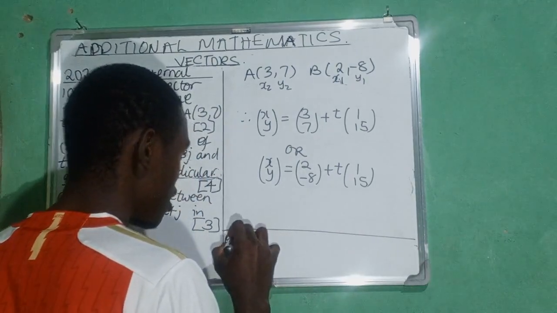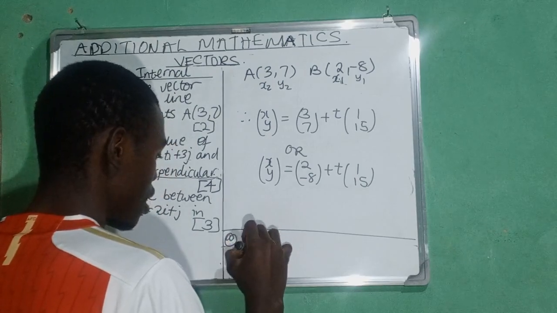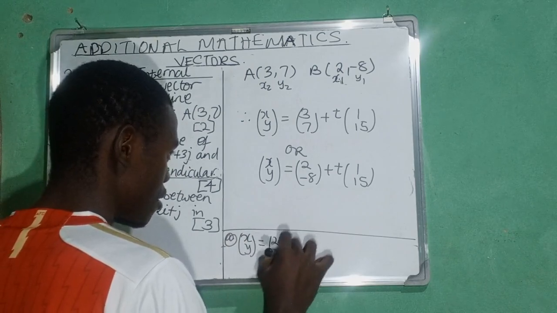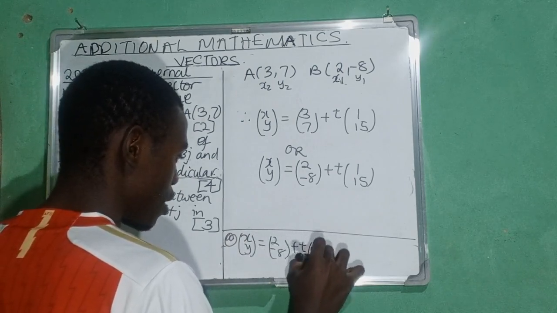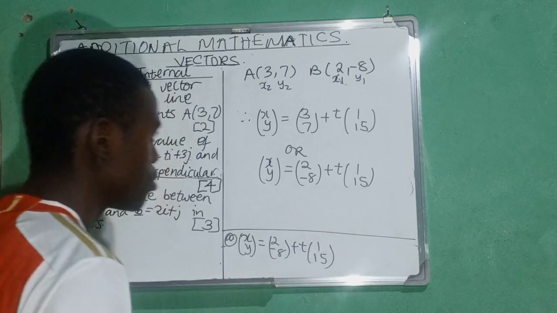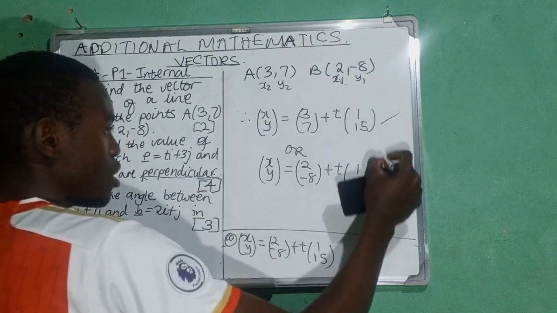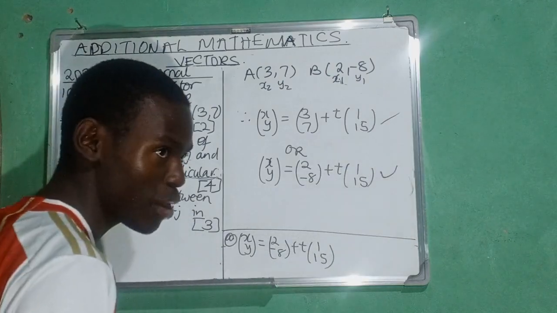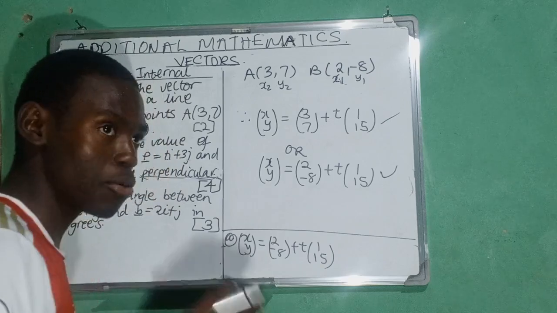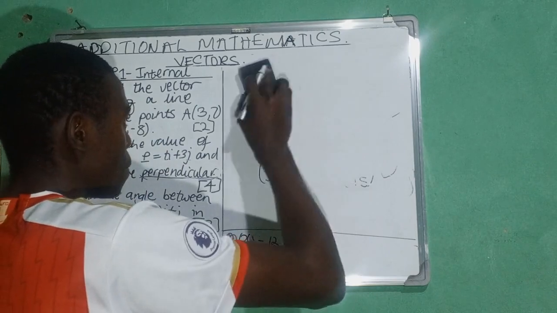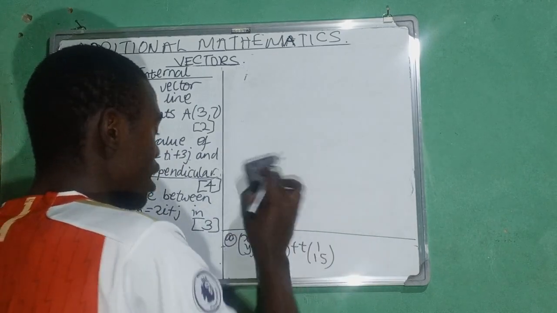So that's your answer. This would be correct, or that would be correct. Either one and not both. Don't write both answers, just write either one of them. So that's your 2 marks there.